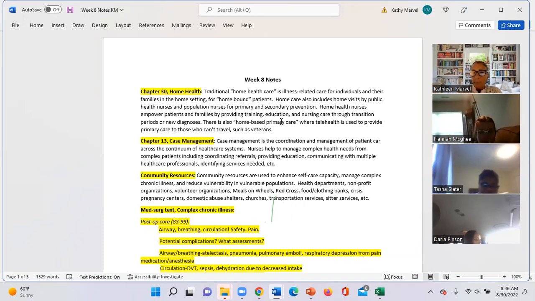Teaching, training. Okay. What else do we do? Wound care, teaching, training, maybe teaching family members how to give injections. What else do home health care nurses do? Just to provide assistance to the patient.